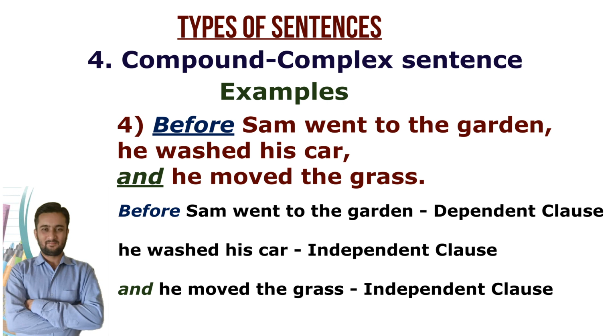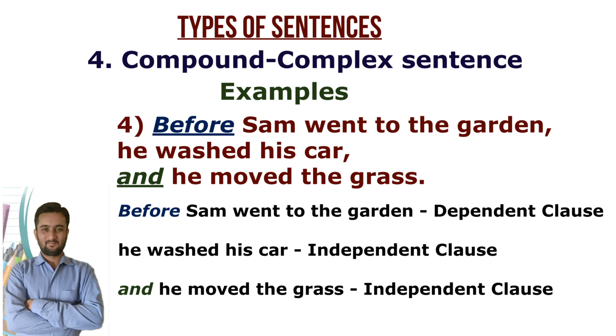Coordinating conjunction word is used to add two simple sentences, but both are independent clauses. So here and is a coordinating conjunction word and before is a subordinating conjunction word. So this sentence is called compound complex sentence.